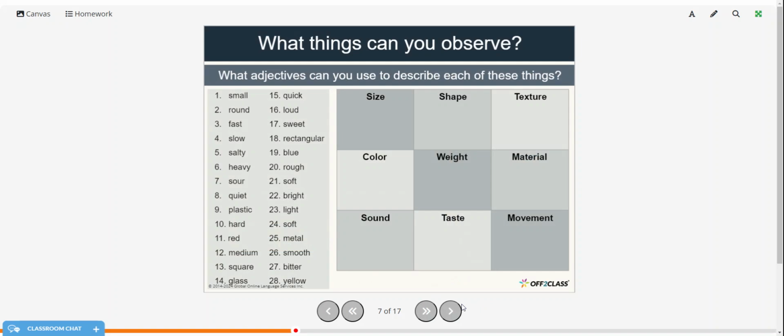So what things can you observe and what adjectives can you use to describe each of these things?